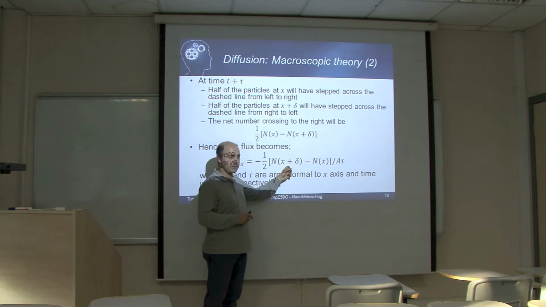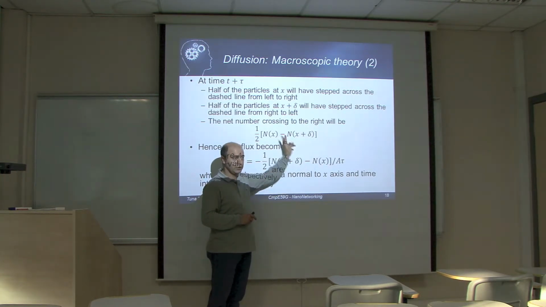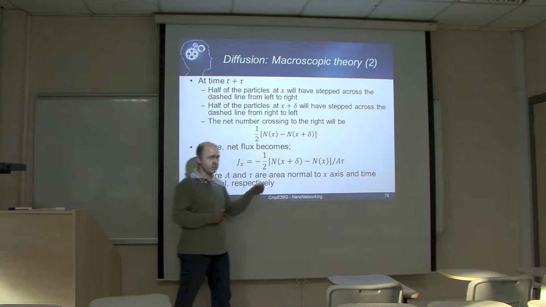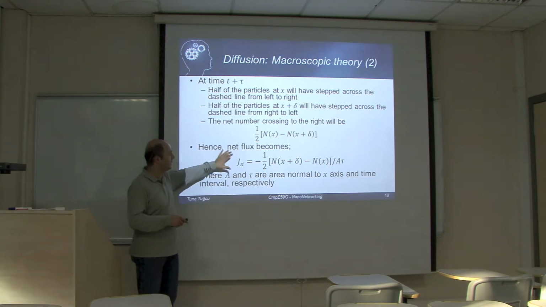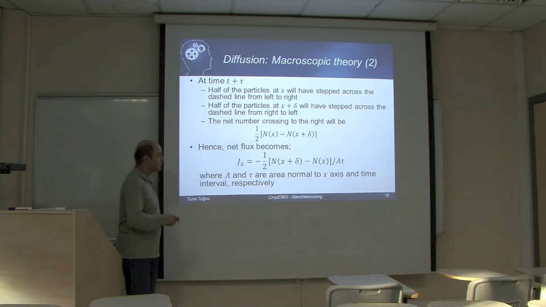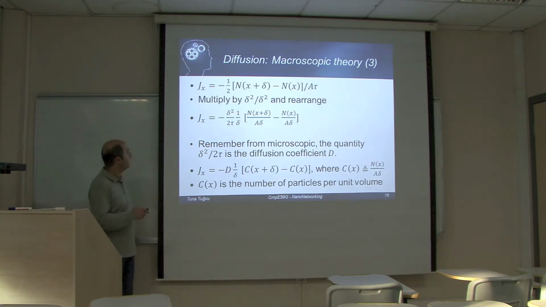This is x plus delta minus x. The order changed, that's why that minus comes from. Okay? So that's defined as the flux. Okay. So that is the same thing, the flux. Multiply by 1 and do some rearrangement, and you will end up with this. Okay?